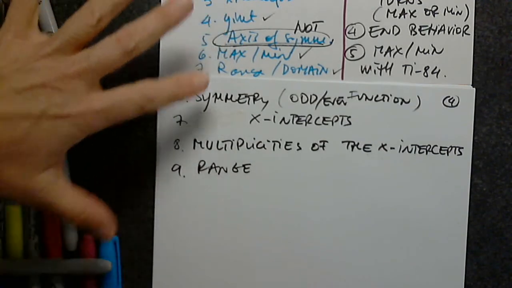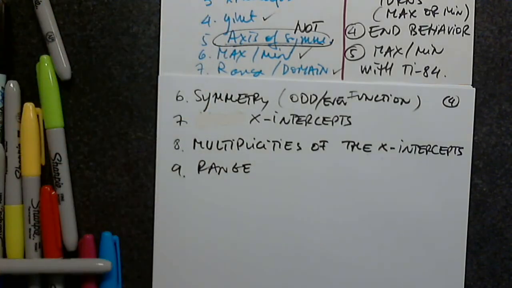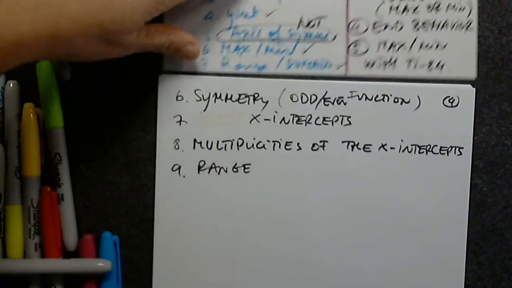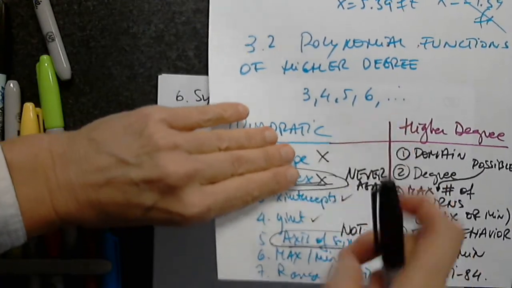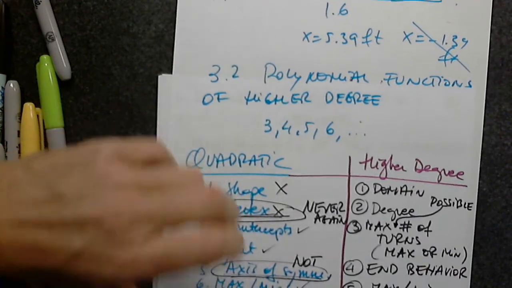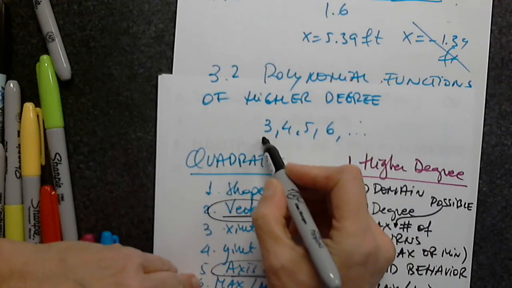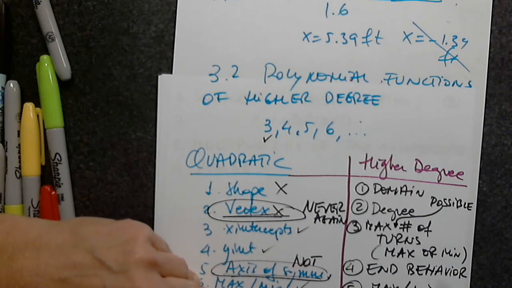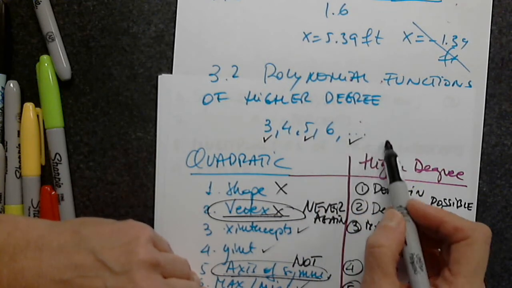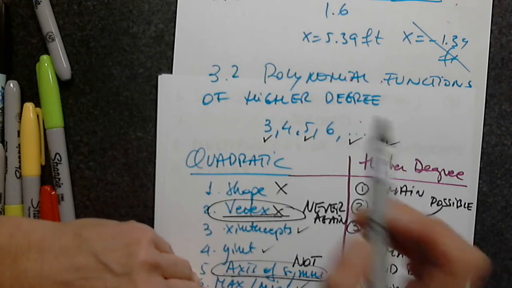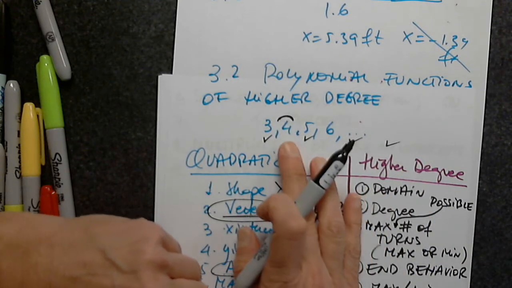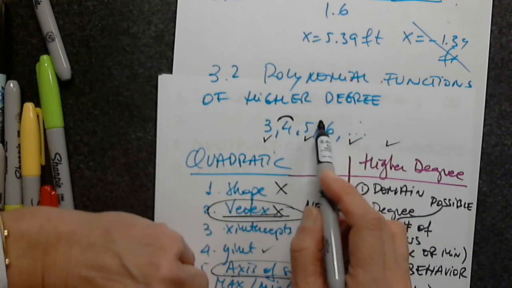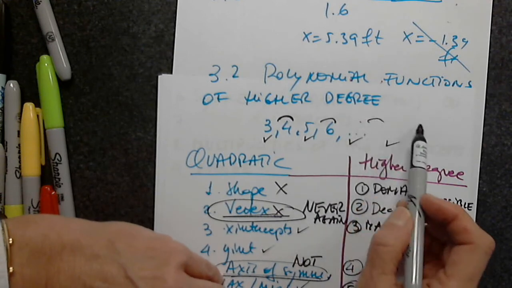Before we graph or select a polynomial function of higher degree, 3, 4, 5, and 6, I want to mention 2 things. Number 1, if you know how to graph a third degree, you will have 0 difficulty with degree 5 or 7 or 9. If you know and understand how to graph a fourth degree, you will have no difficulties with degree 6 and 8 and 10 and so on.